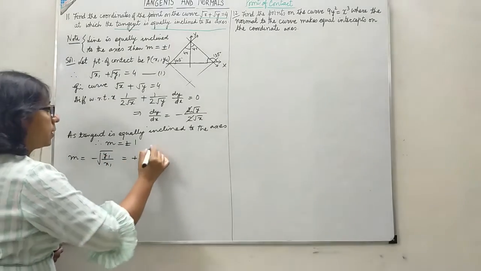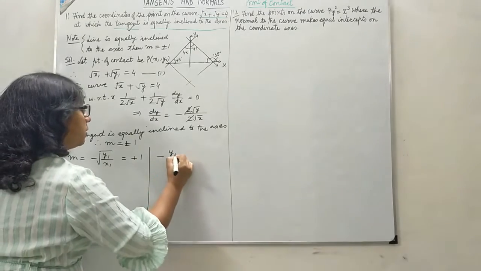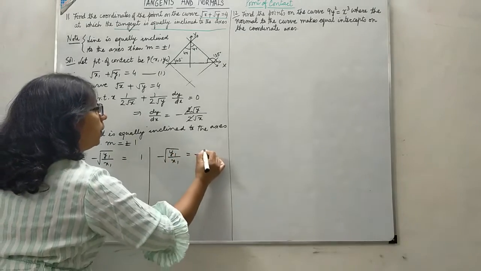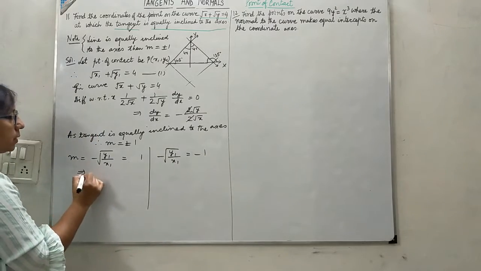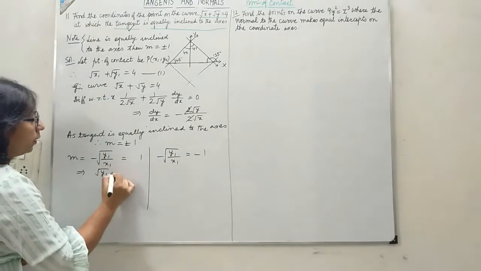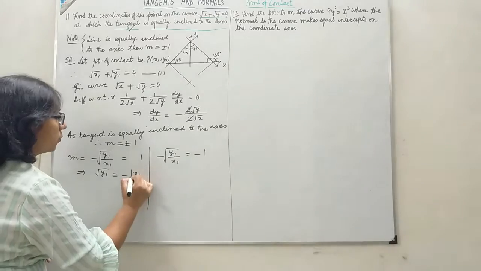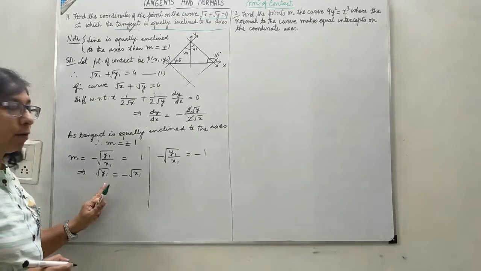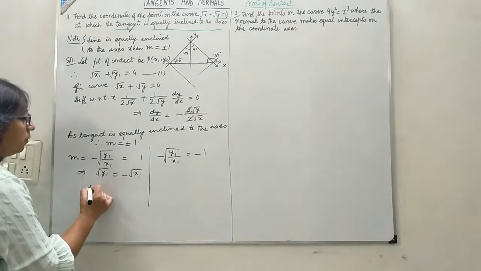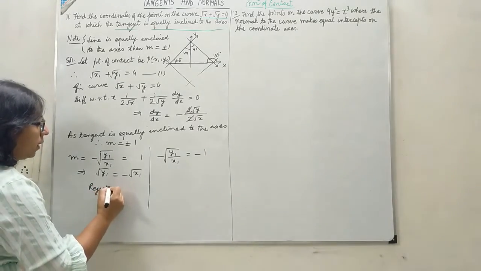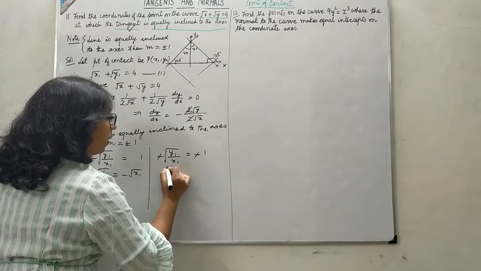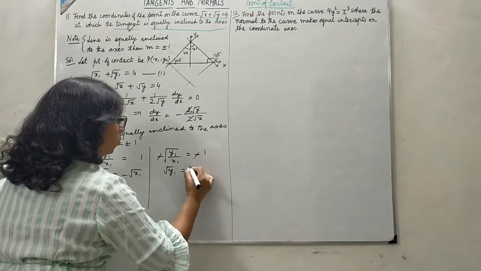I will take the two cases separately: minus root y1 by root x1 as 1 or minus 1. In this case you can see root y1 is minus root x1. Now you know that in real numbers, the square root of a real number can't be negative, so we'll have to reject this case. In the other case the negatives cancel out, so root y1 is root x1.